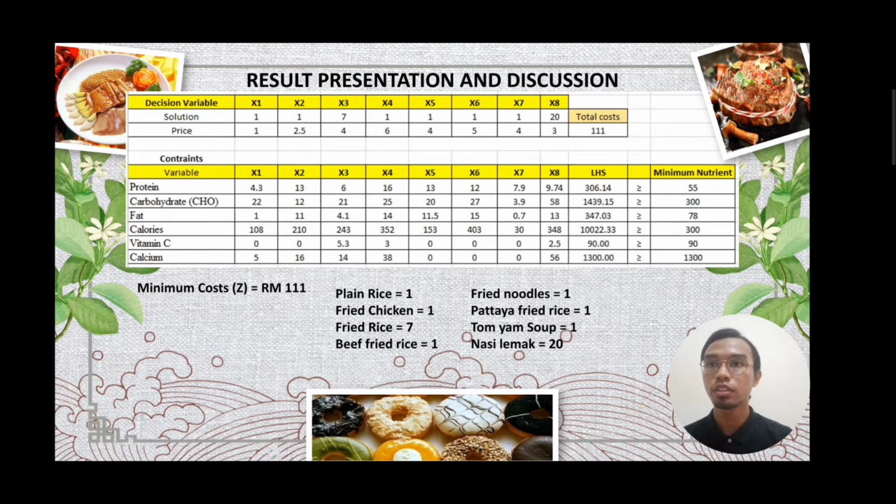For the constraints, we have 6 variables, which are protein, carbohydrate, fat, calories, vitamin C, and calcium. And all the left hand side values have satisfied the minimum nutrition.